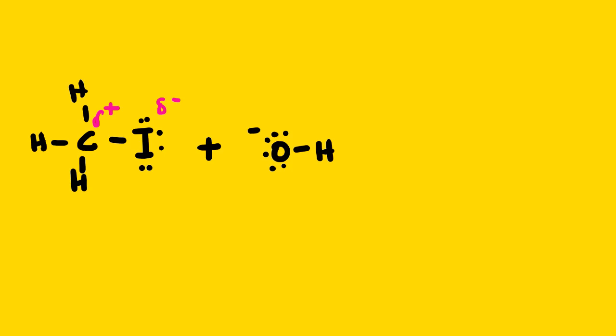With that in mind, we can see that this is the leaving group. Once it leaves this molecule, it will go with this pair of electrons. These bonding electrons will move with our leaving group. Once it leaves, this will no longer be partially positive, it will be positive, and this will no longer be partially negative, it will be negative.